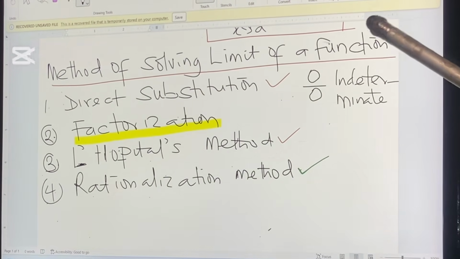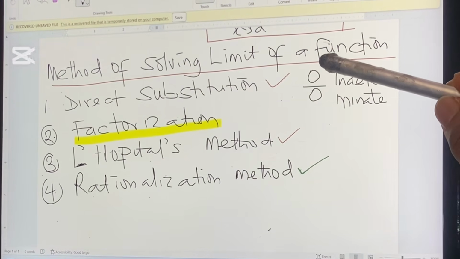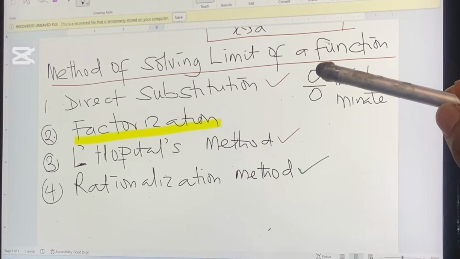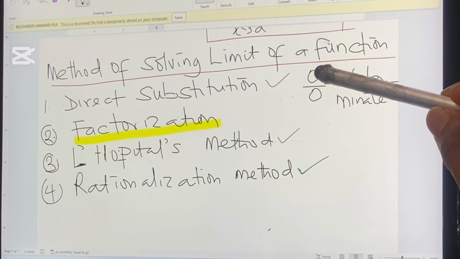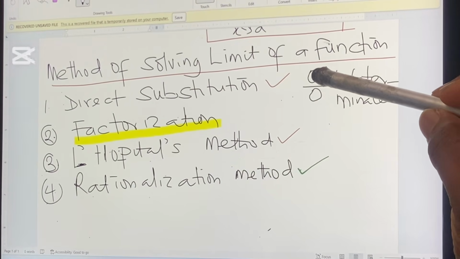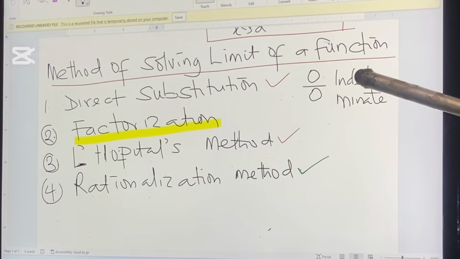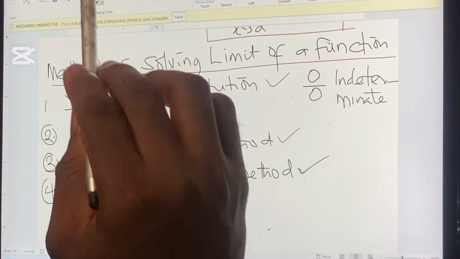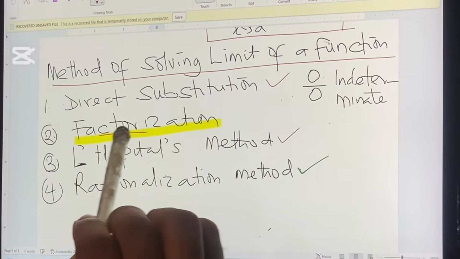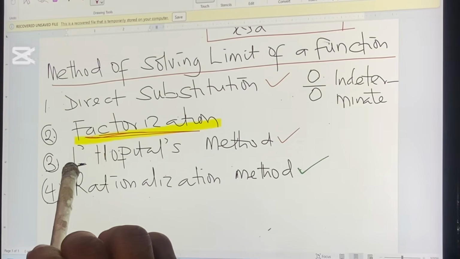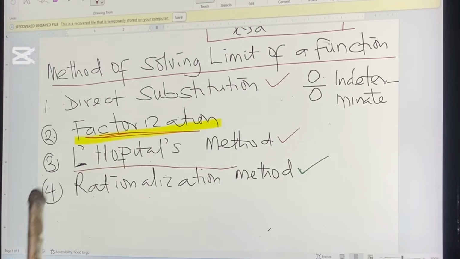So whenever you replace the value of s in any limit and the value of the numerator gives 0 and the value of the denominator gives 0, that particular limit is indeterminate limit. And we use the method of factorization or the method of L'Hopital's rule to solve that particular limit.